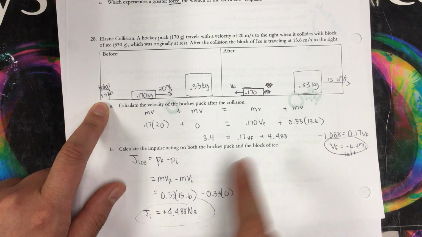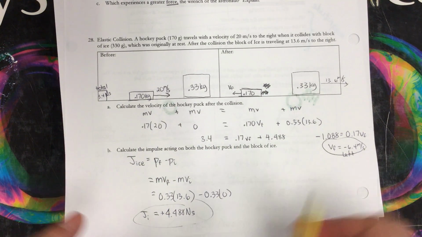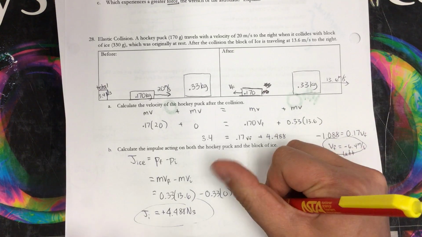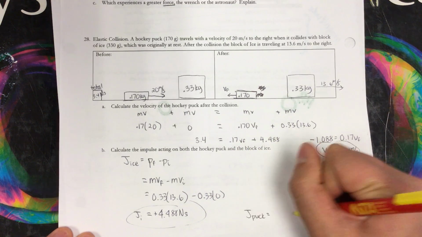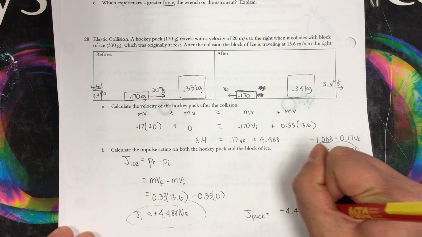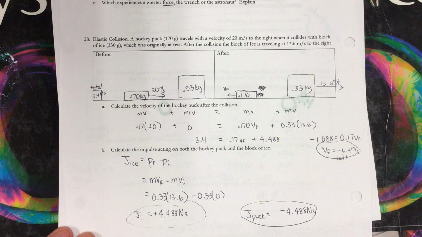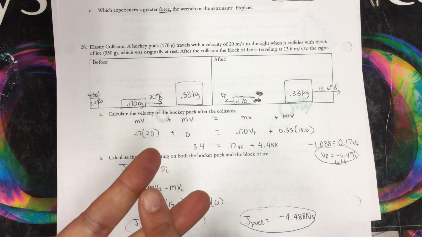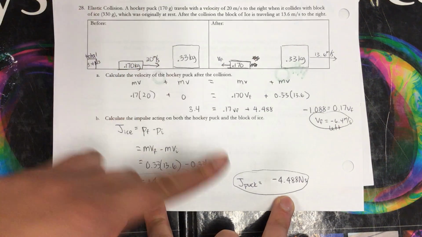If it's got to equal 3.4 total before and 3.4 total after, and 4 is transferred from one to the other, that must mean the puck lost 4.4 Newton seconds of momentum. Right? Now, this should totally make sense to you because they experience the same force for the same time, getting the same magnitude of impulse in opposite directions.